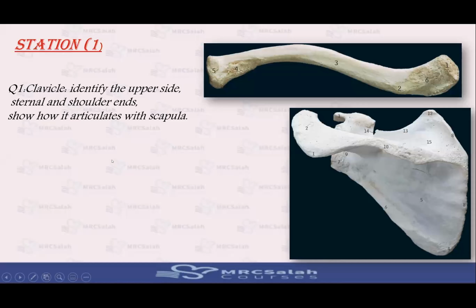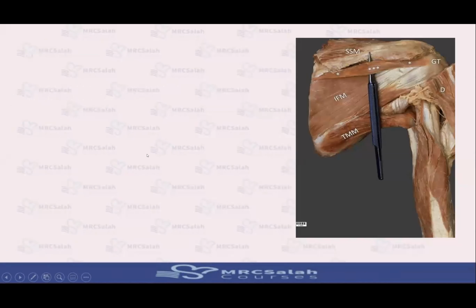Okay, perfect. Dr. Muhammad, can you please identify the spine of the scapula? Spine is number 10. Okay, and what about the acromion? Acromion is number 2. What about the coracoid process? Number 3. Okay, perfect. Can you please identify the supraspinatus muscle?